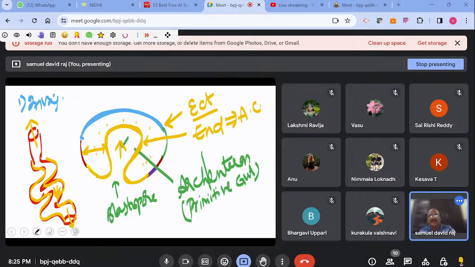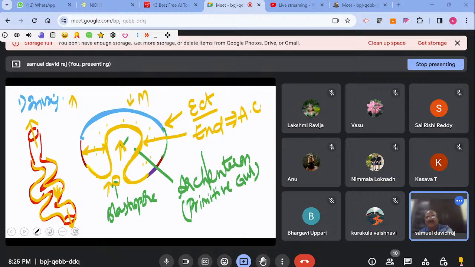So here, the primitive gut cavity in the archenteron opens only on one side, and this is called the blastopore. We know already that in protostomes it becomes the mouth, and in deuterostomes it becomes the anus. So if it is deuterostomes like us, this becomes the anus, so that on this side the mouth develops.